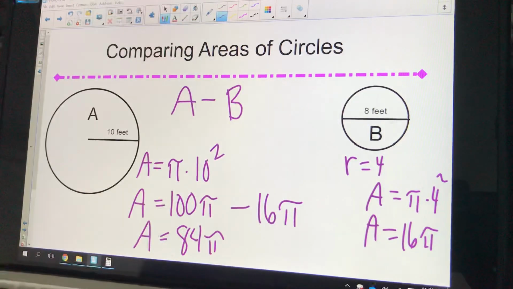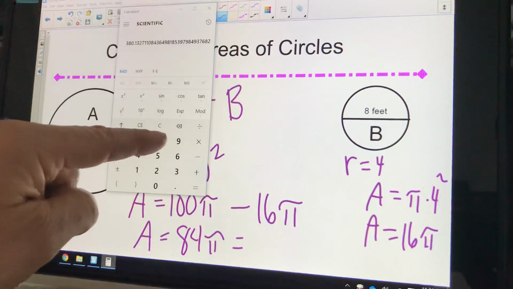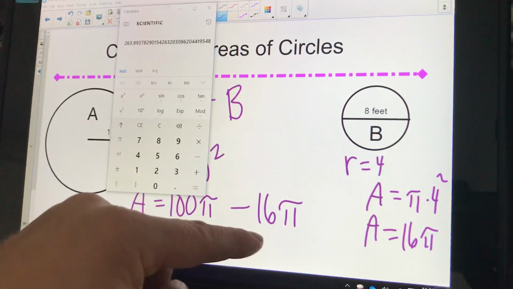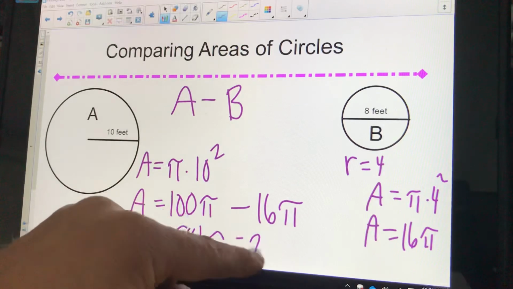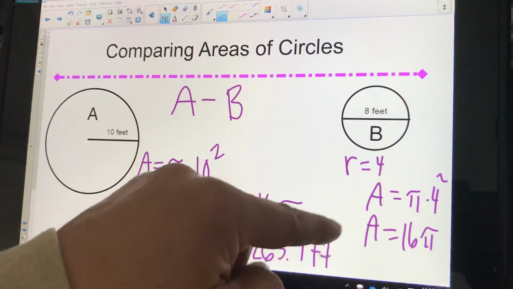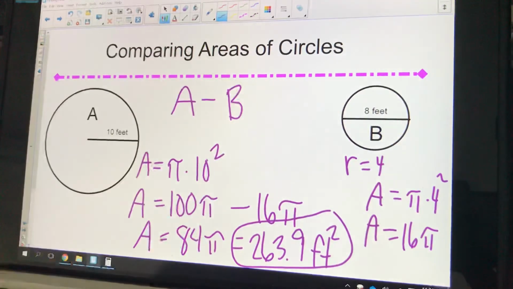That's the difference between these two. 84 pi is the difference, or according to my calculator, because there's two answers, 84 times pi is 263.9 feet squared. That's how much bigger this circle is than that one.